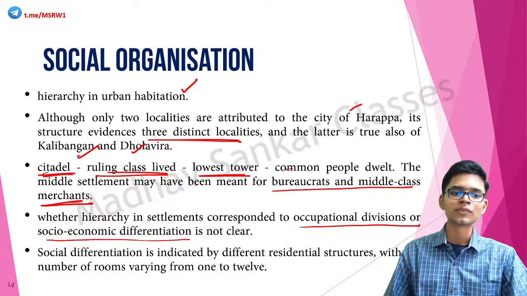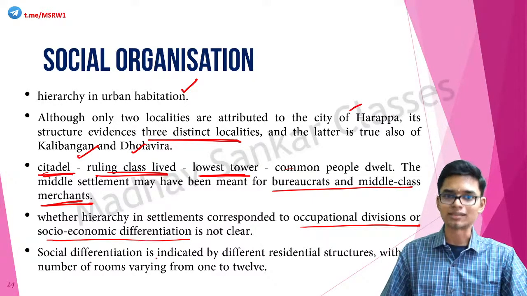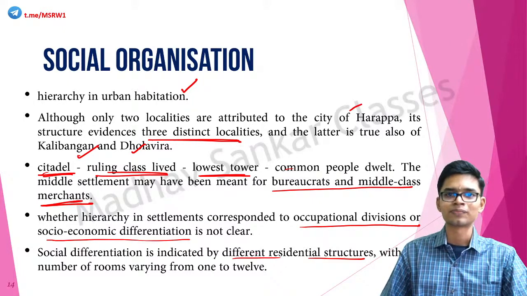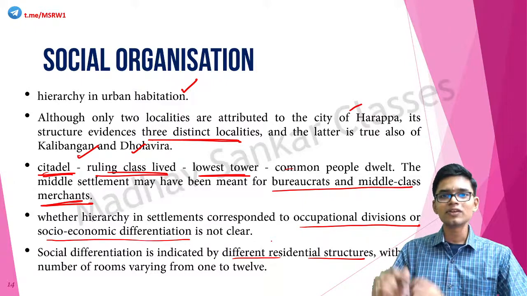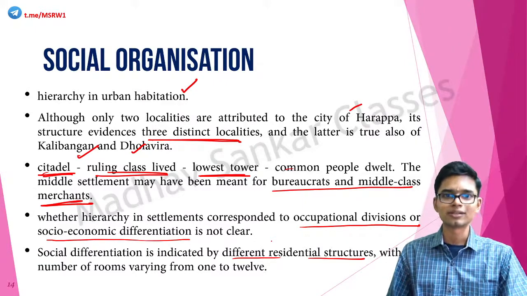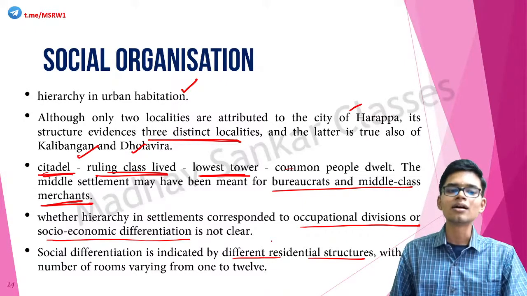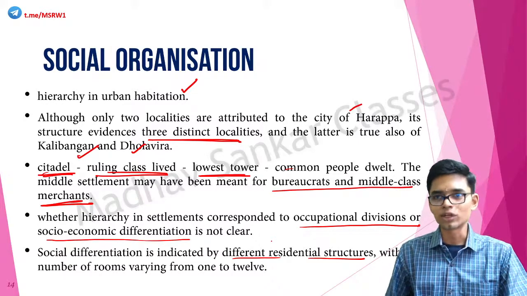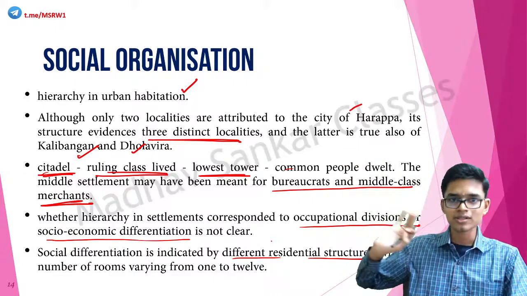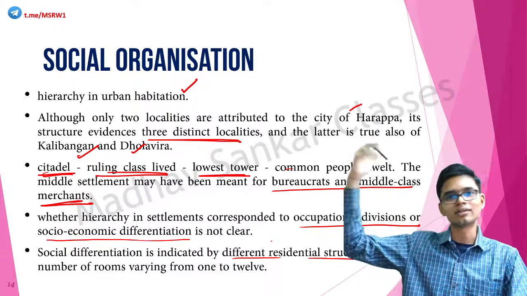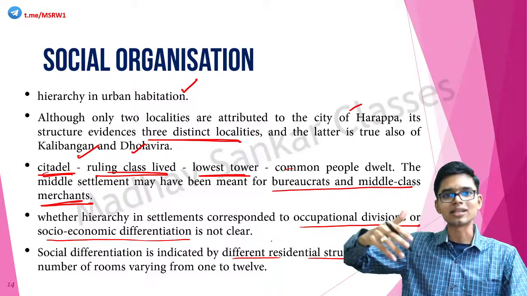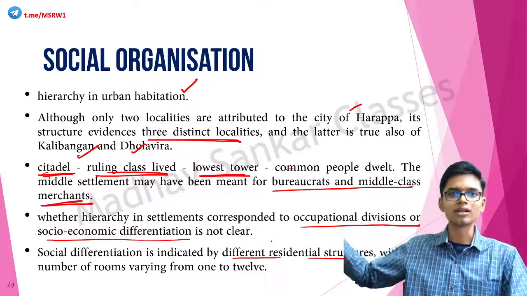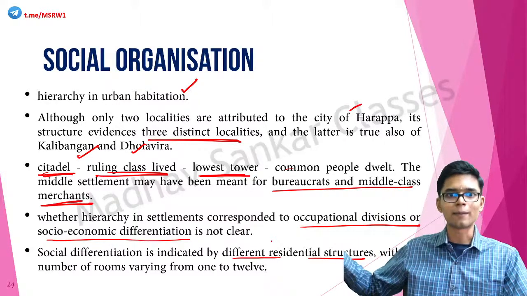But either way, social differentiation existed and is indicated by different residential structures. Why? Because some of the residential structures in Harappa have lots of rooms in them, and some only had a few. If you have a house with 2 rooms and a house with 10 to 12 rooms, obviously the possessor of the second one is much richer than the first.